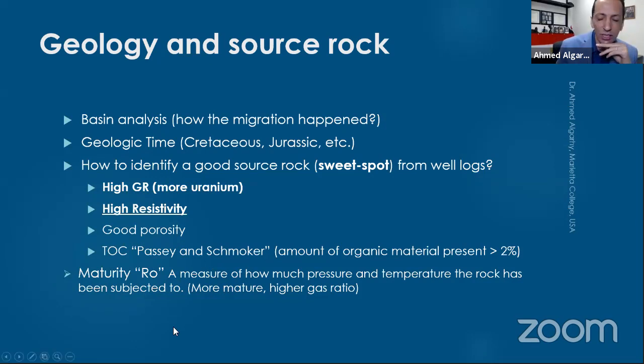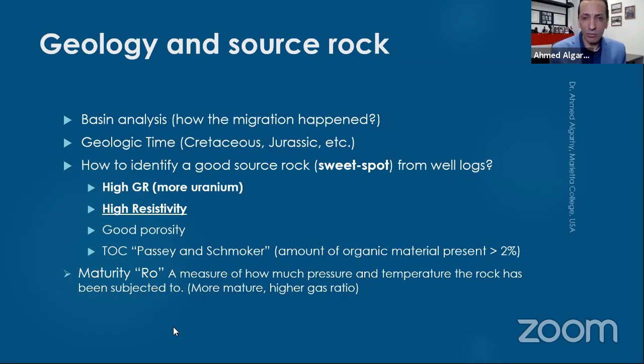Also, we need to know something about the maturity, the thermal maturity. This is the effect of pressure and temperature, how that organic content got cooked. Is it well done, rare, or medium? Like when you go to a steakhouse and order a steak, they ask you how you want it cooked: well done, rare, or medium.